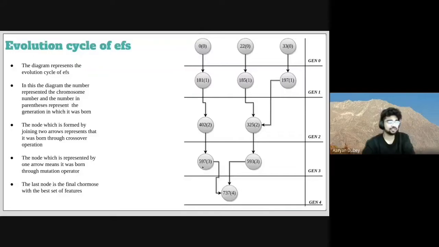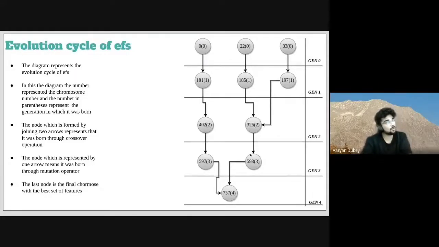In generation 3, creature 597 was generated through the mutation operation from generation 0. That means generation 0 mutated to form the creature in generation 3, which in turn performed the crossover operation with another creature from generation 3 to create our answer. This is a simple flow of how the evolution cycle in the EFS happens.